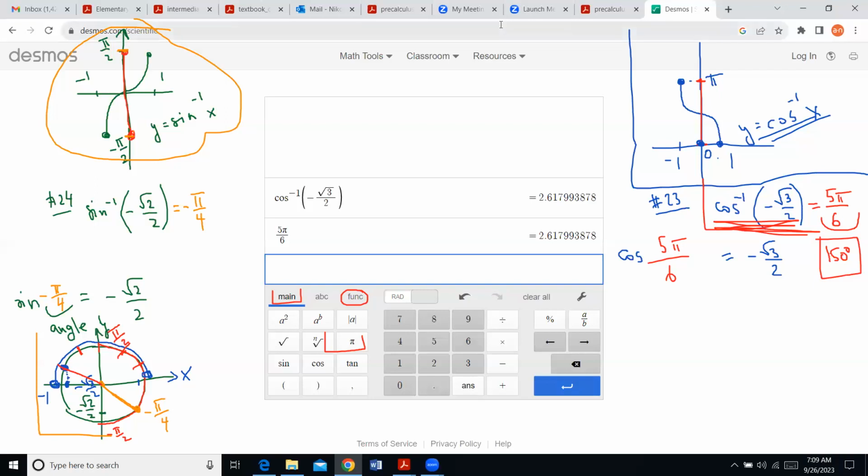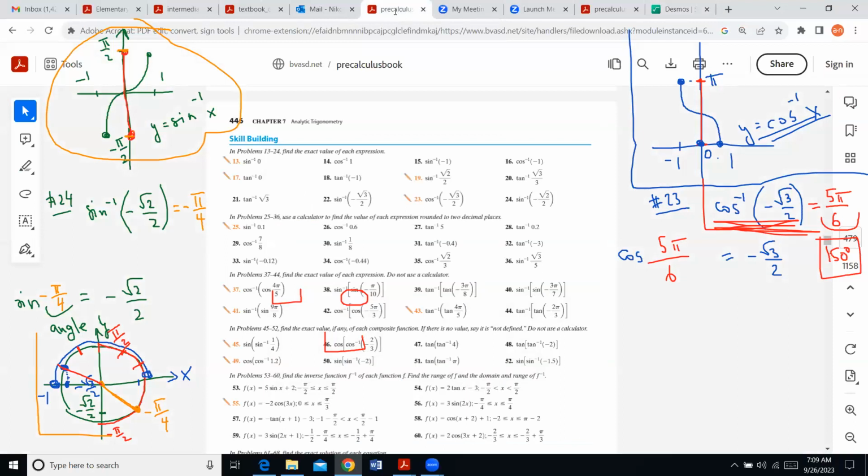In fact, you need to know it, since there are problems in the next group of exercises, let's say exercise 26, that you cannot possibly do without a calculator, because all we can deal with is just 30s, 60s, 90s, 45 degrees, 135s, all these multiples of 30s and 45s.